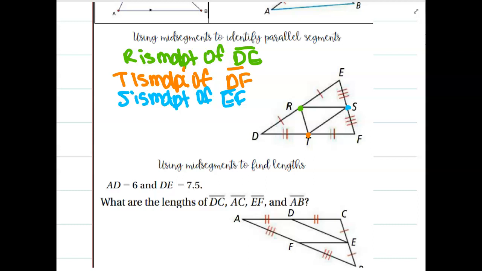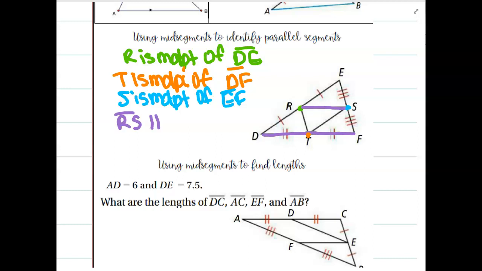The first one, you can pick any of them. If you connect any 2 of these 3 points, that creates a mid-segment. RS is a mid-segment. If RS is a mid-segment, it means it's parallel to that opposite side, this one right here.